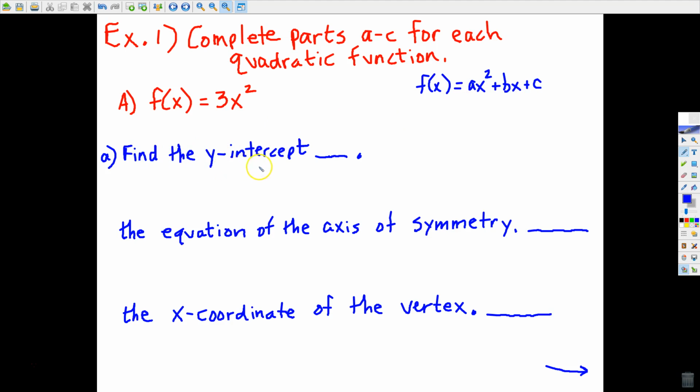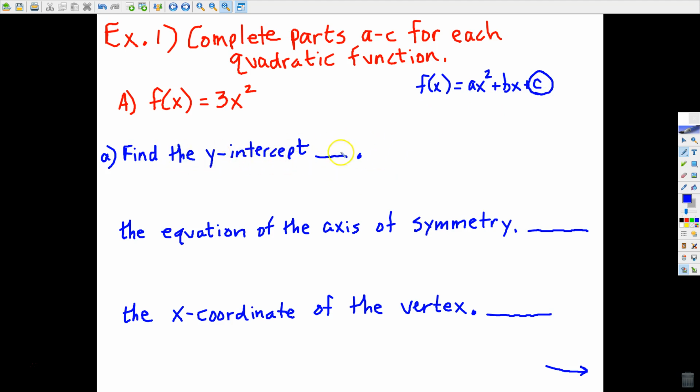Okay, so first of all, let's talk about the y-intercept. How do we find the y-intercept? And this is probably the easiest part of all that we're going to do in coming up with this final answer. The y-intercept is always found by looking at this constant, this number that I've identified as c.